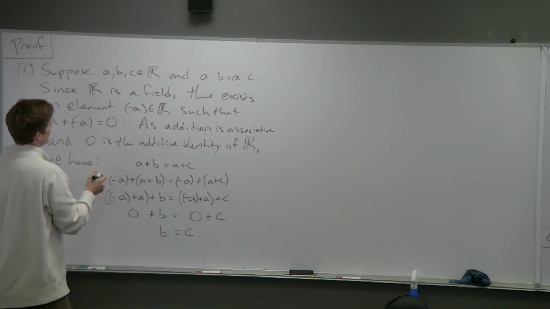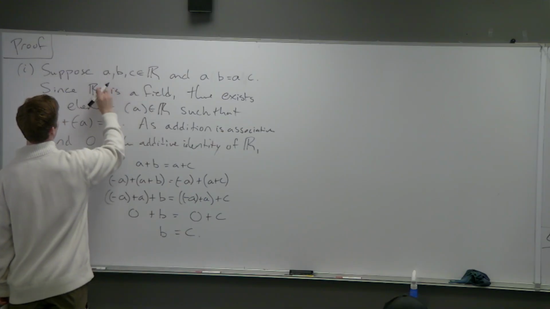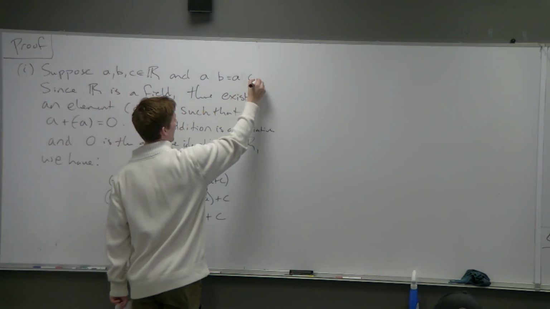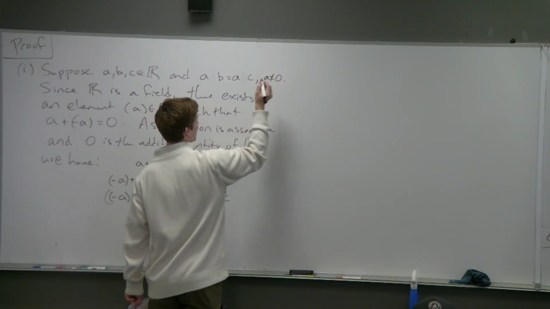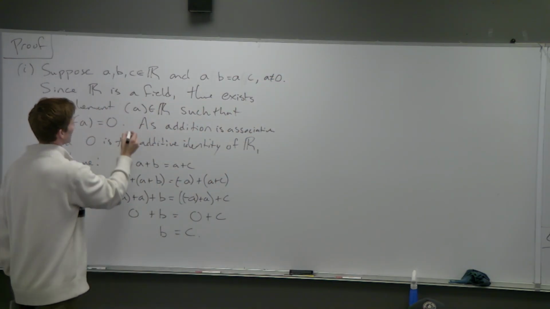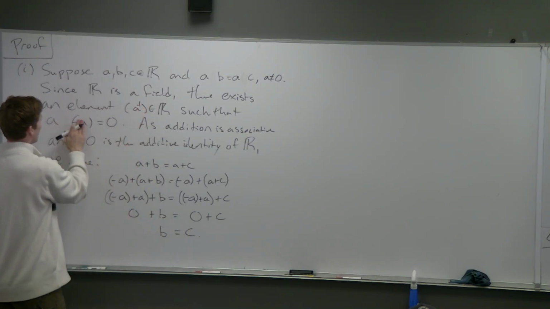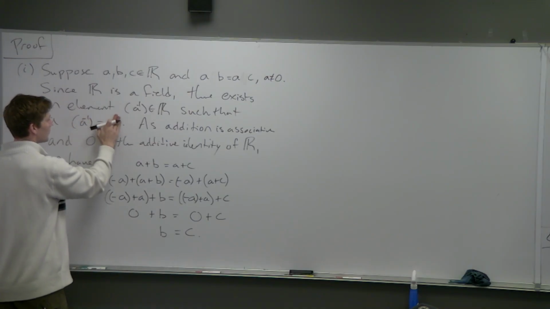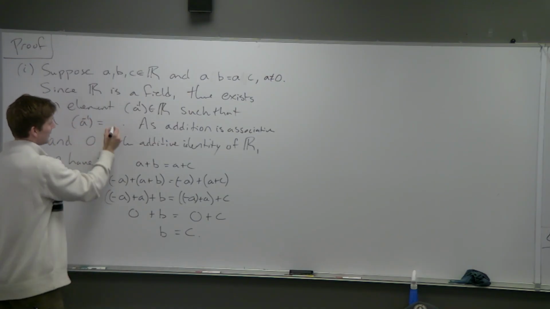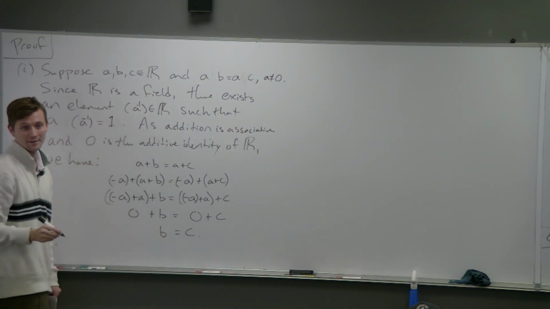Since R is a field, there exists an element, I'll even add right here, A not equal to 0, since we need that. Since R is a field, there exists an element A to the minus 1, such that A times A to the minus 1 is equal to, instead of the additive identity, now the multiplicative identity.